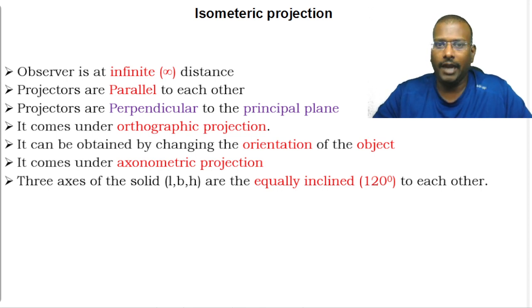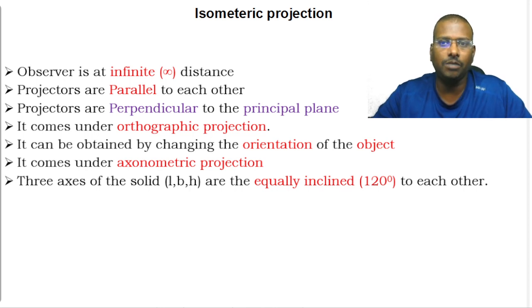It can be obtained by changing the orientation of the object. Just now I said, if the observer changes orientation, it comes under multi-view projection. If the object changes its orientation, then the three axes, length, breadth, height, will change, and the angle between them will change.